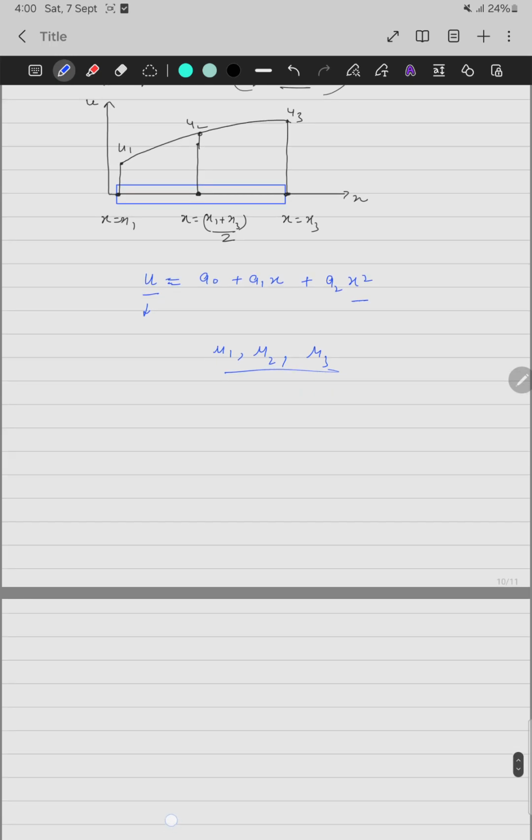Now what we'll do is put in the nodal values. At x1, u of x1 equals a naught plus a1 x1 plus a2 x1 square, which equals u1. In the same way, u of x2 is a naught plus a1 x2 plus a2 x2 square, which equals u2.